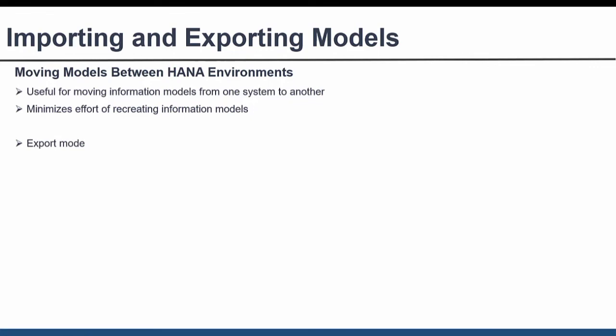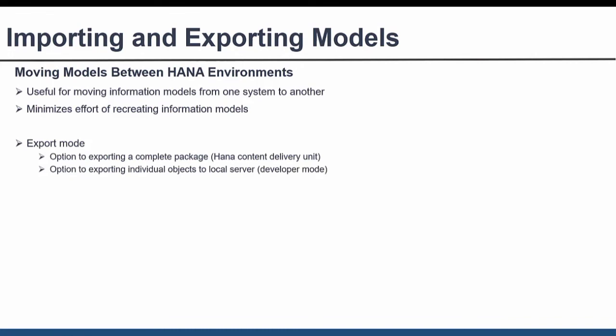There are several ways to export models. One option is to export a complete package using the HANA Content Delivery Unit. The other option is to export individual objects to the local server in the developer mode, and another option is to export models on demand using the support mode.